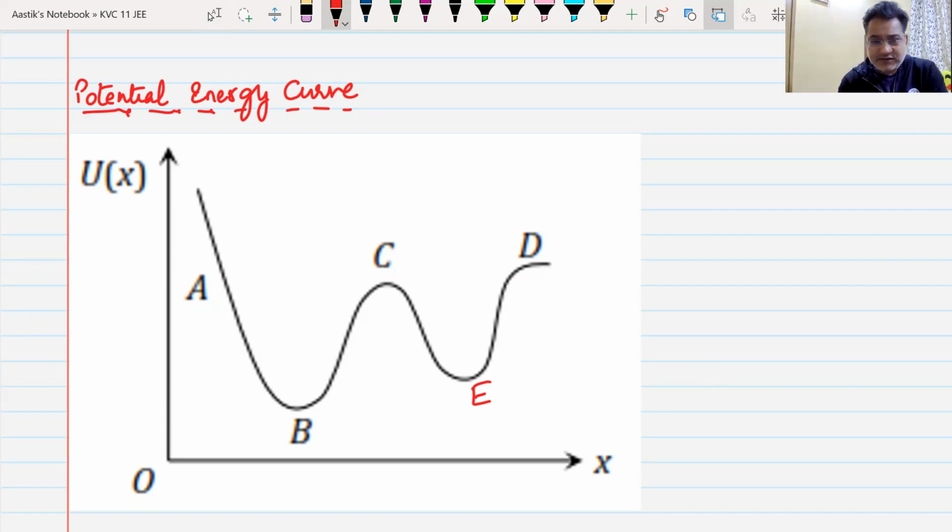The first thing that you must understand from this curve: if you find out the slope of this curve, what will it give you? This is the curve of potential energy. From the slope of this curve, what will I get? Huh?